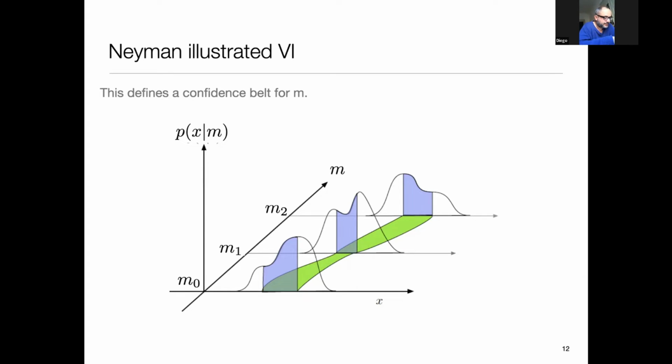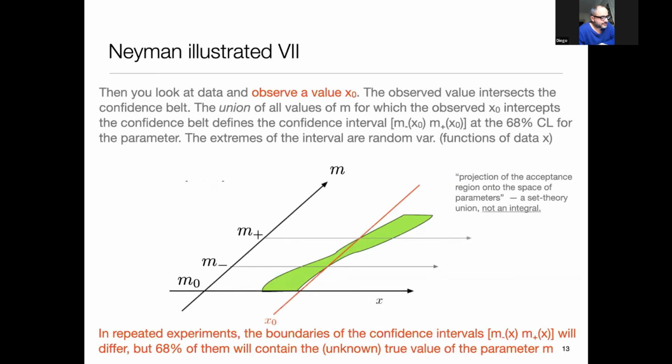Okay, and you see here in this picture that I try to represent that. Now you have basically constructed your confidence belt, and you can look at it in this picture where I got rid of the models. And at this point is where we look at the data.